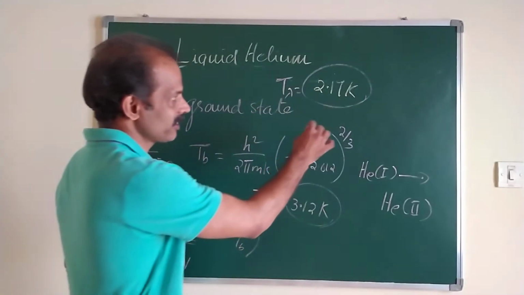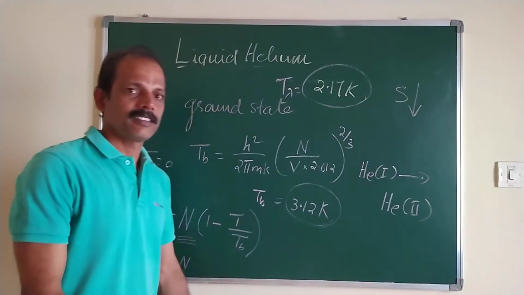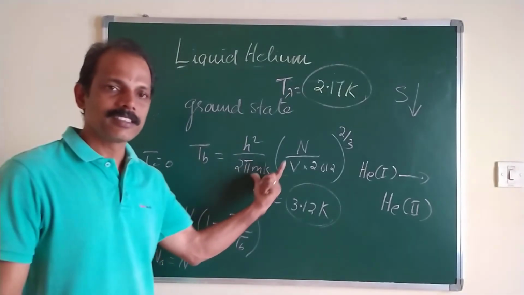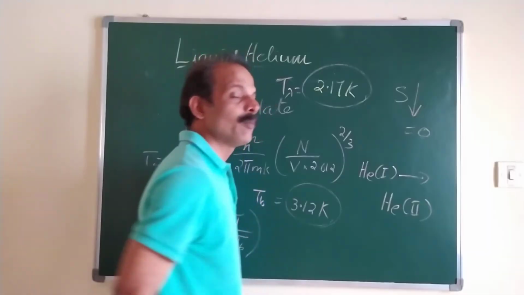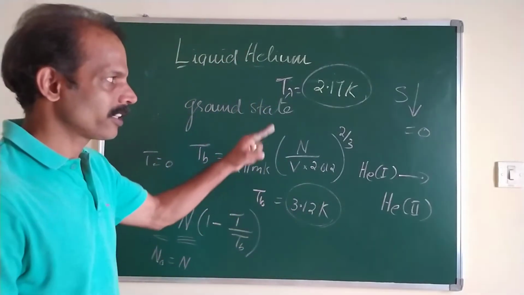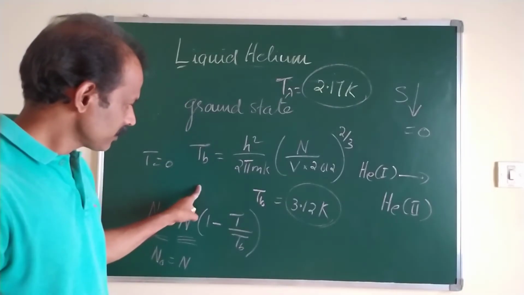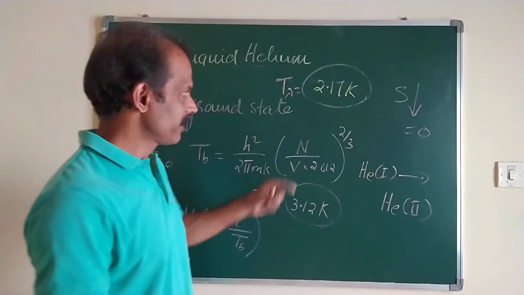Not only that, the entropy of the system decreases, as given by Bose-Einstein condensation, and approaches zero at absolute zero. The entropy becomes zero at absolute zero, again satisfying the predictions given by Bose-Einstein condensation.